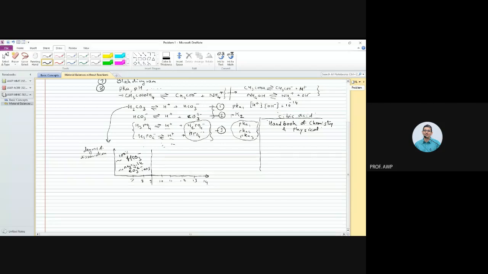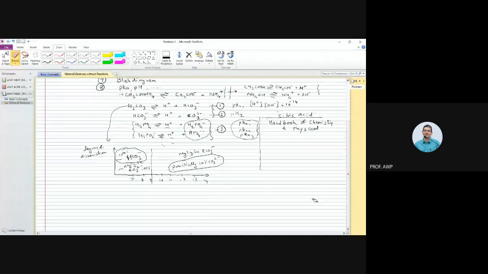Whereas if you go to pH 12, 13, then you will have negligible bicarbonate ions and practically 100% carbonate ions. So depending on the pH, you can get a bicarbonate salt of a base, or a carbonate salt of a base. So you have sodium bicarbonate or sodium carbonate. Sodium bicarbonate we keep on eating and consuming as a food item. Sodium carbonate, don't even think about consuming, isn't it?